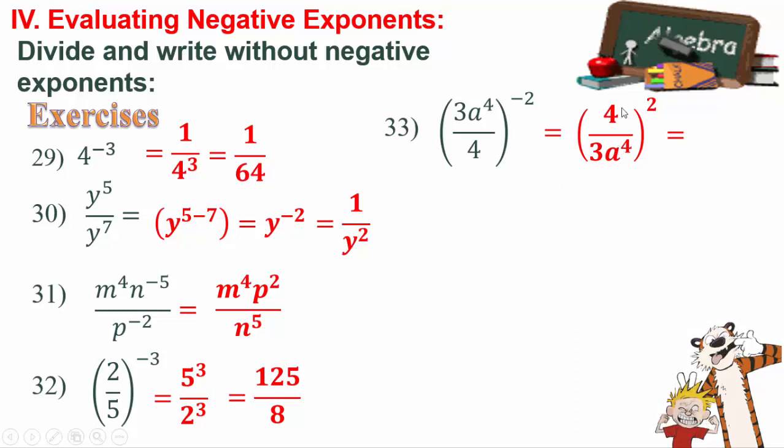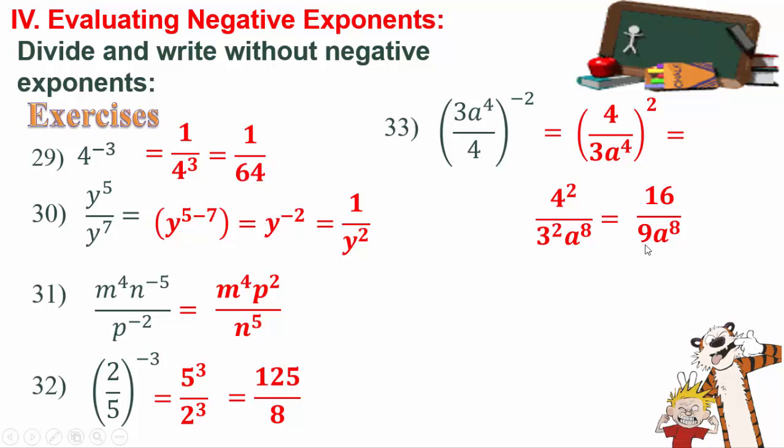So this way I did it all positive exponents by turning it upside down and then bringing the 2 inside. And then working it out explicitly, so I get 16 over 9a to the 8th.